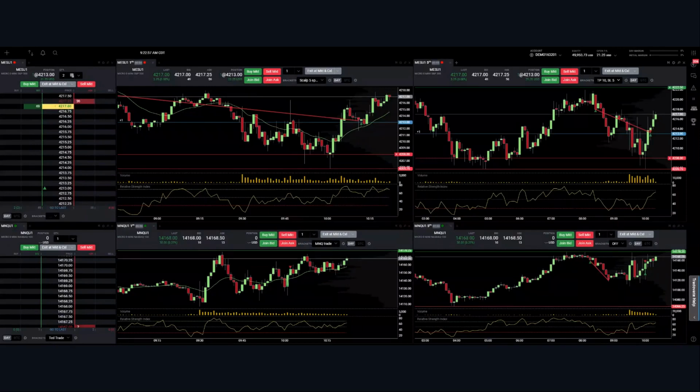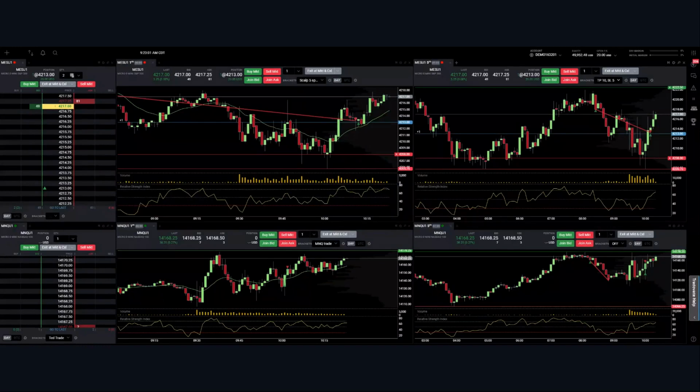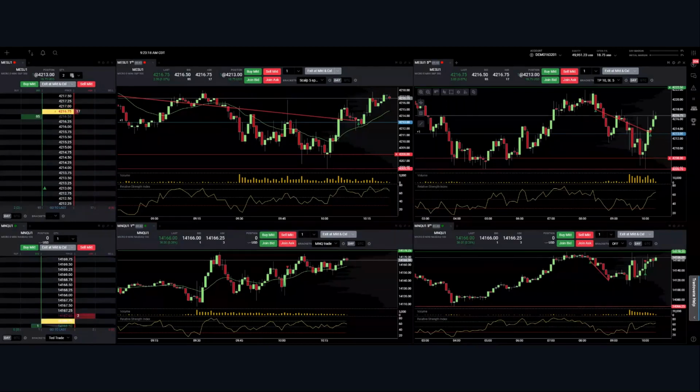Looking pretty bullish here. So once we hit, let me see, 13, 5 above 13, which is 18, it should give us a break even on here.